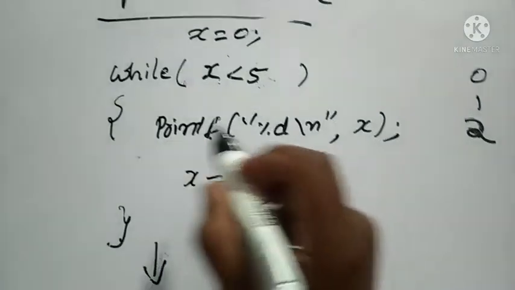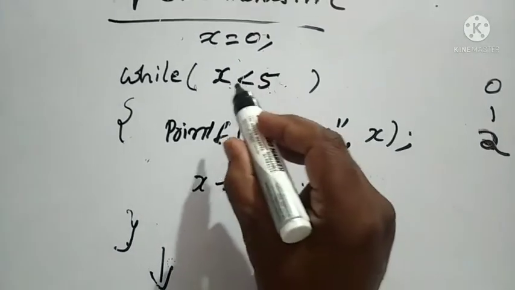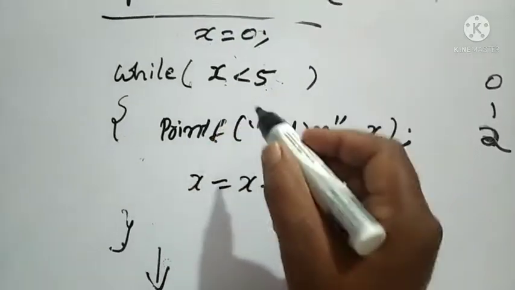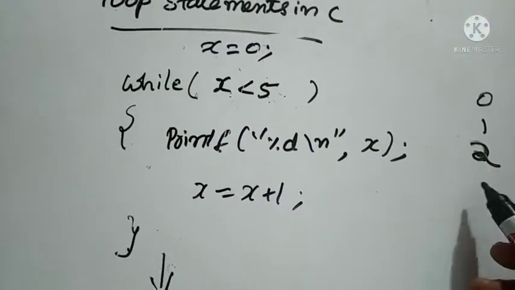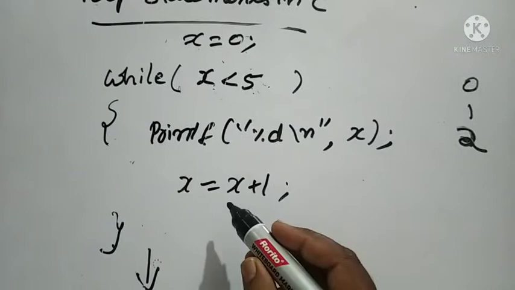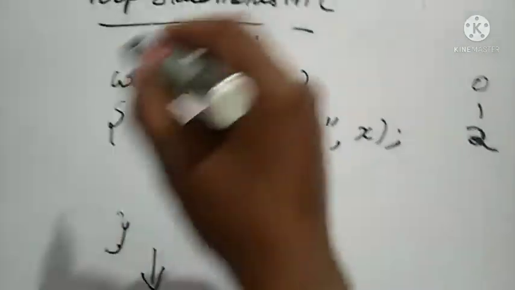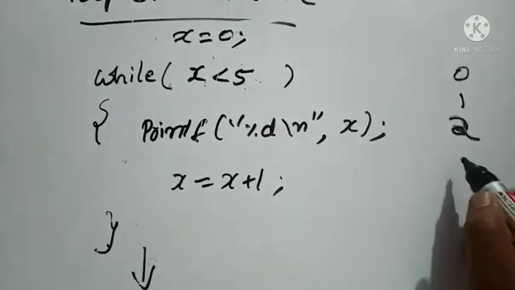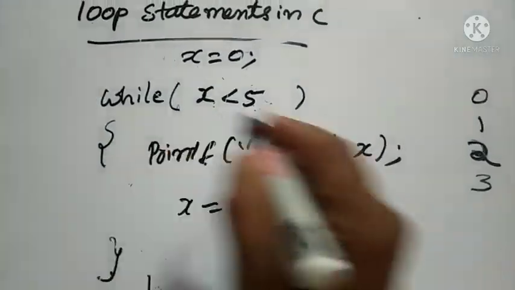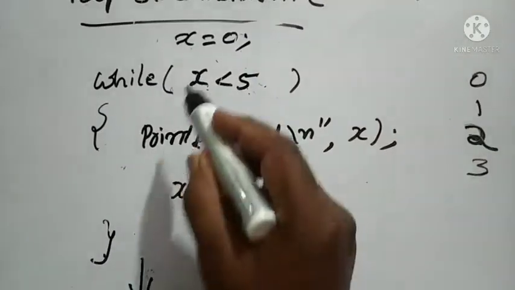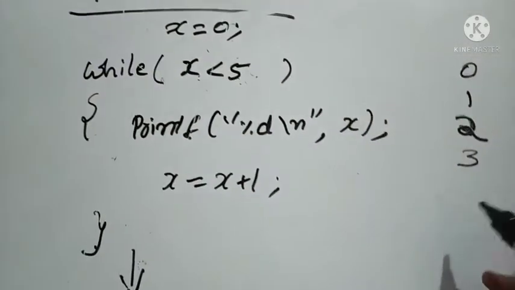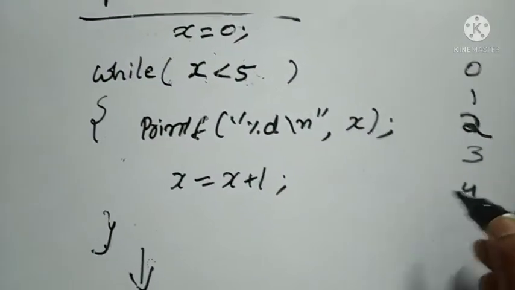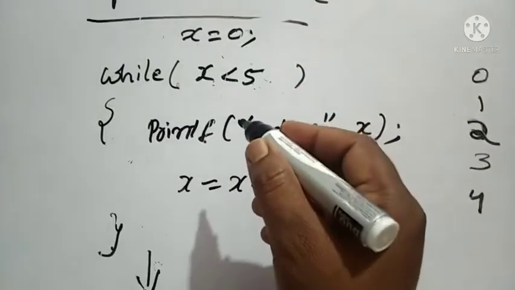In the next iteration the value of x is 2, which is less than 5, so 2 will be displayed. Next, x is incremented by 1 and 3 is less than 5, so 3 will be displayed. Then x becomes 4, which is also less than 5, so 4 will be displayed. Next is 5.